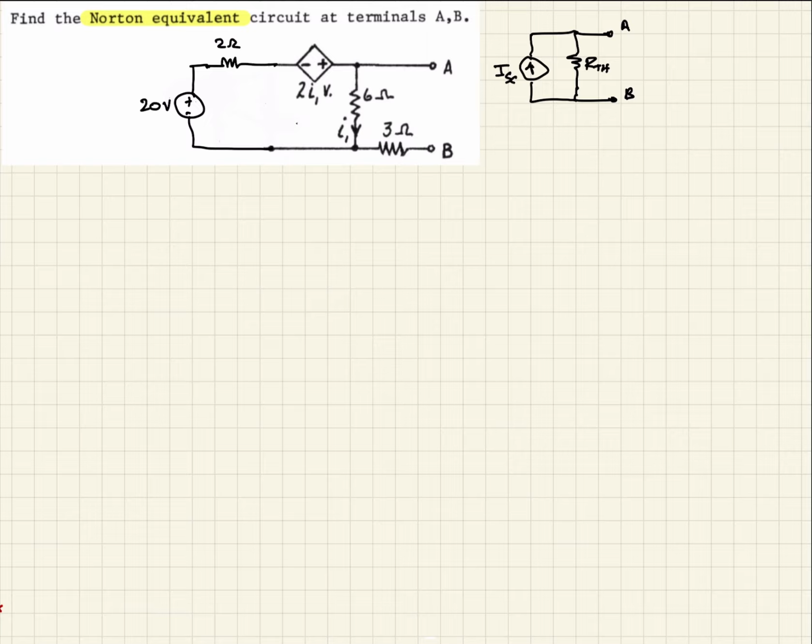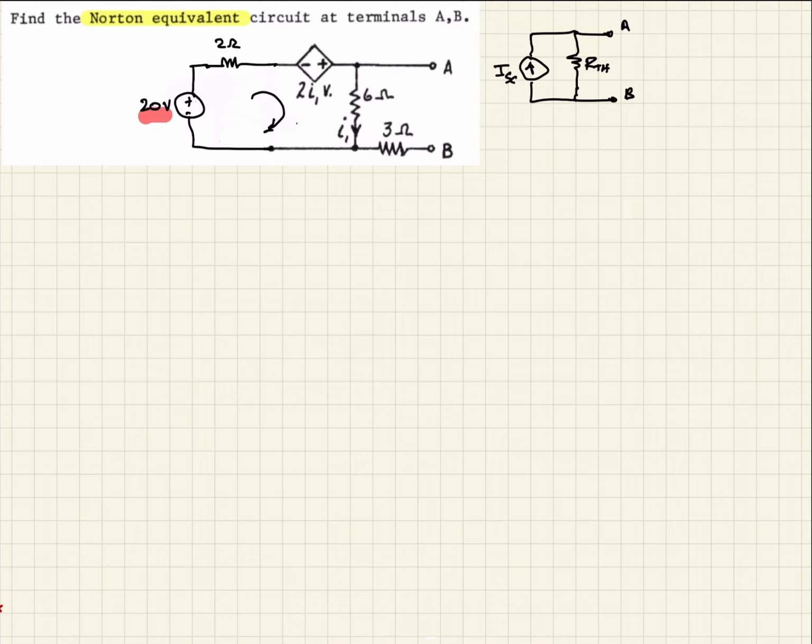So first thing we want to do is we want to do a KVL, or a voltage loop analysis of this, and we're going to go around in this direction when we do that. And so when we do, let's look and see what we have. So the first thing we have is our 20 volt source.